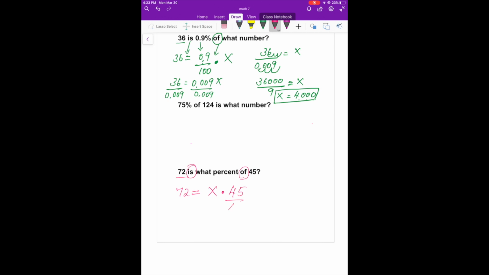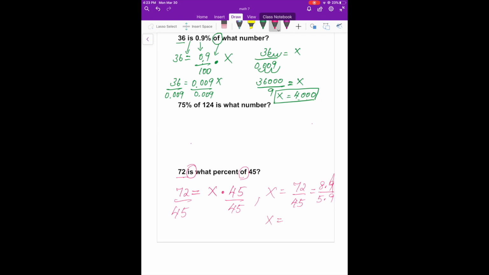So you know how to get x. You just divide by 45 on both sides. So x is equal to 72 over 45. Decompose. 72 is a multiple of 9, so I can say 8 times 9, and 45 is also a multiple of 9, which is 5 times 9. And you can kind of guess it is going to be more than 100% because 72 is more than 45.